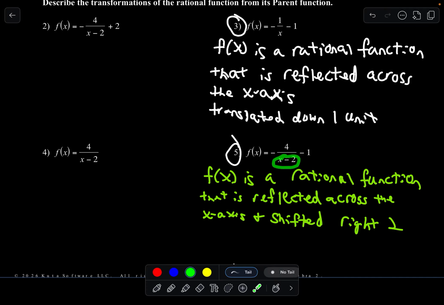So if it's x minus 2, it's right 2, not left 2, and down 1 because of the minus 1 here.